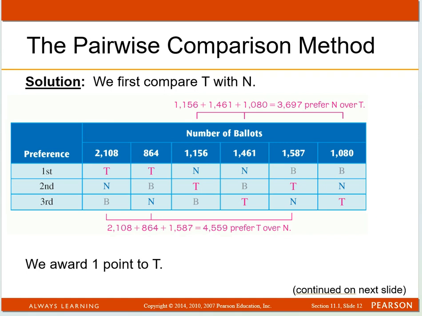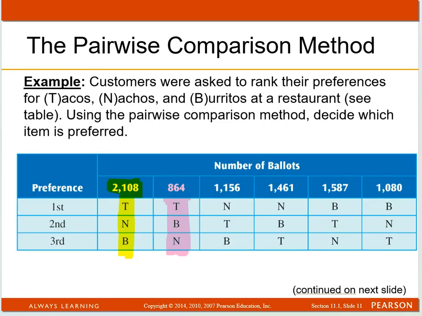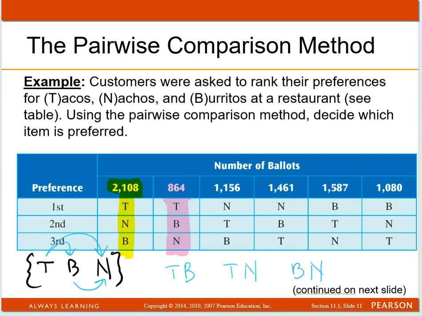Remember back in chapter 2, if you had a set that had tacos, burritos, and nachos in it, and you were supposed to come up with subsets, and I asked you for the subsets with just 2 elements, you'd be like, okay, I need to compare tacos with burritos, that's one pair, and tacos with nachos, that's another pair, and then the last pair would be burritos with nachos. Those are your 3 2-element subsets.